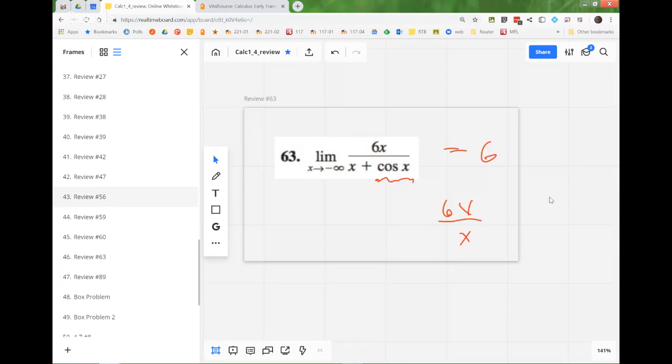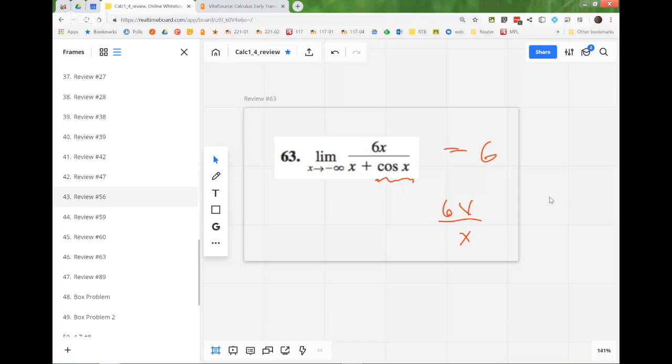My response is not much, because as you should know by now, that cosine is forever stuck between +1 and -1, no matter what the angle is. It's always between 1 and -1. So it has little effect on the denominator. A 1 or a -1 added to an infinity or a negative infinity is just going to completely dissolve. So basically you could ignore that term.